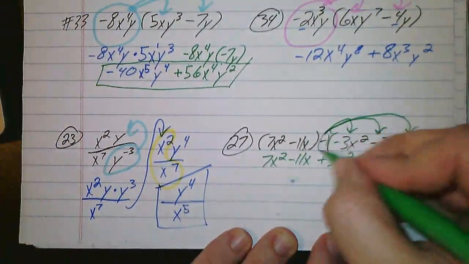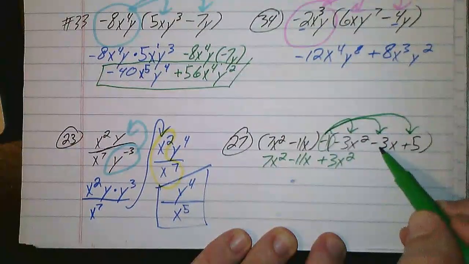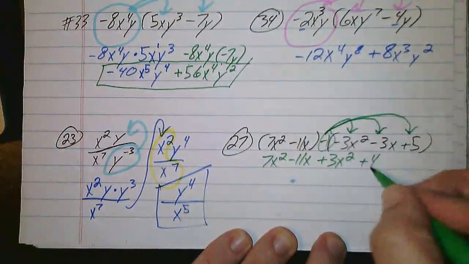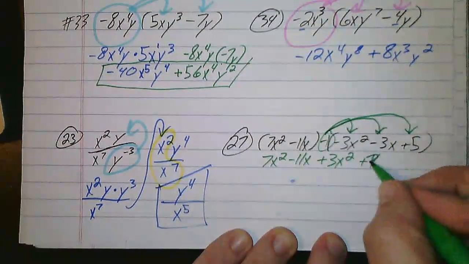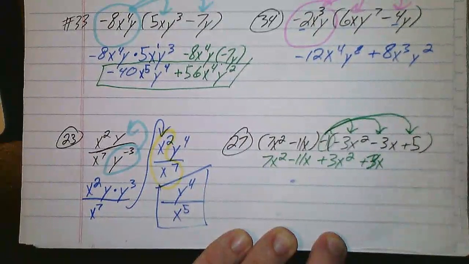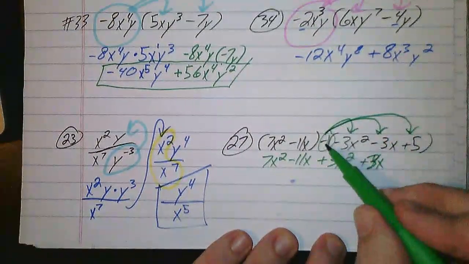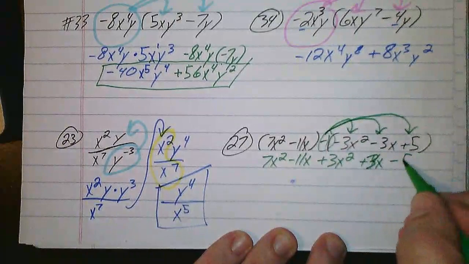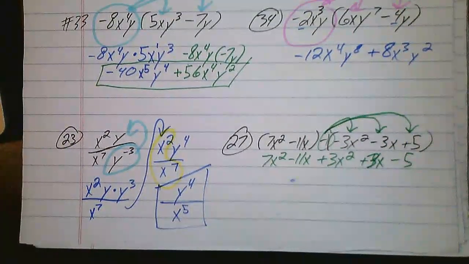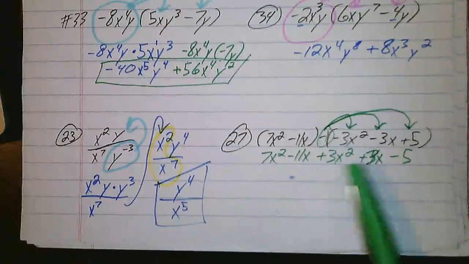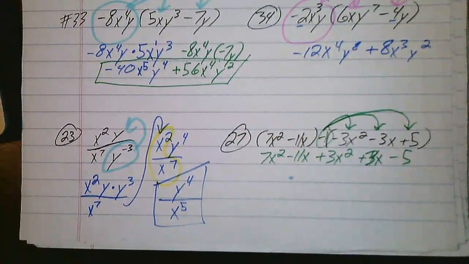If you think about it as -1, -1 times -3x becomes positive 3x. And a -1 times 5 becomes -5. So really what happens is all of the signs change. And then we can combine like terms.